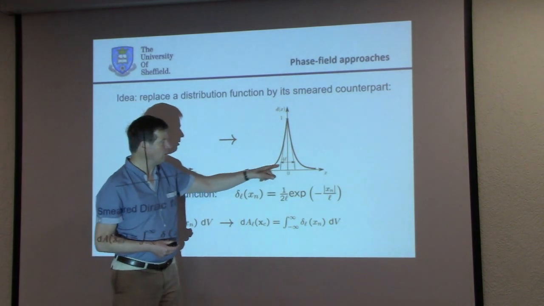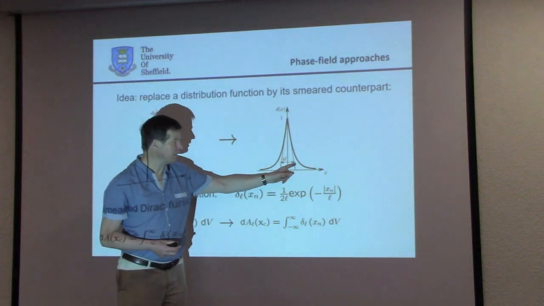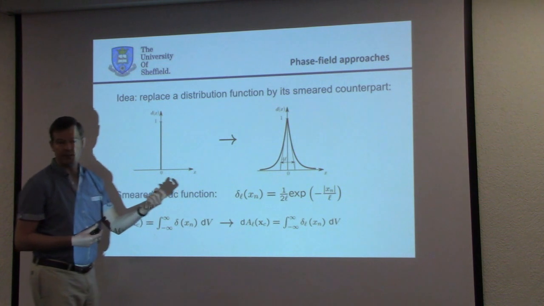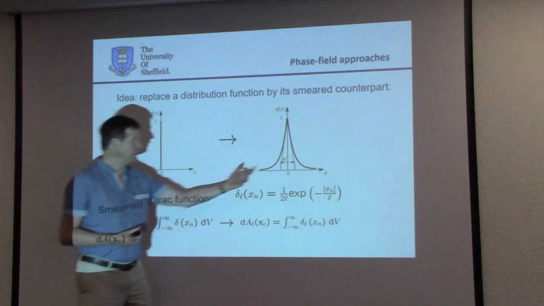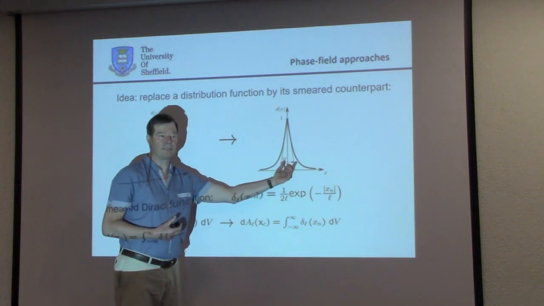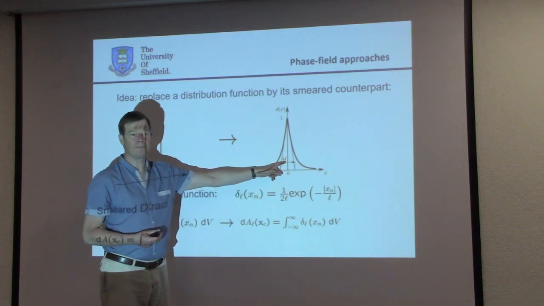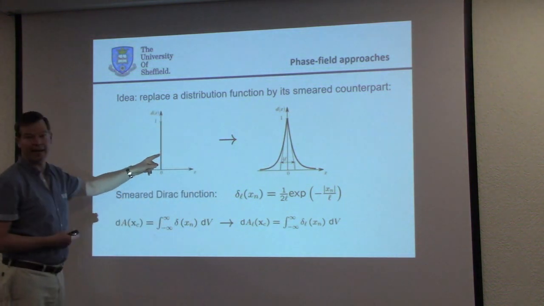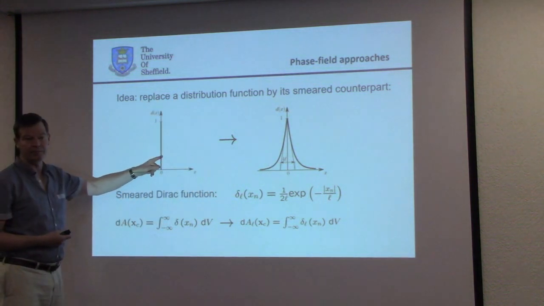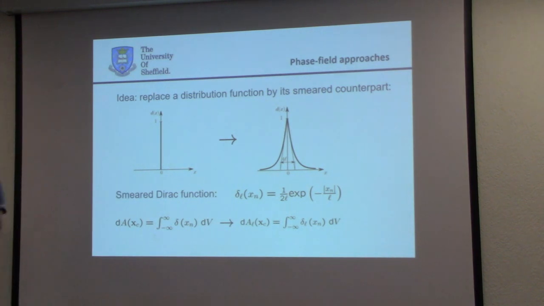And normally you will always need a parameter to control the width of this zone. And obviously, when L goes to 0, you retrieve back the original formulation. So the closer L is to 0, the closer you approximate the original problem.